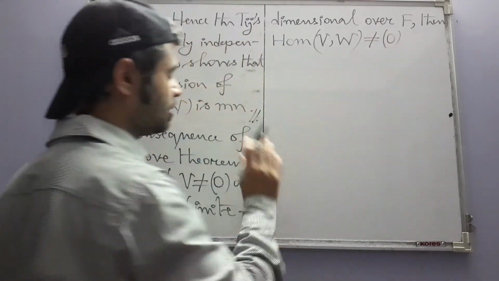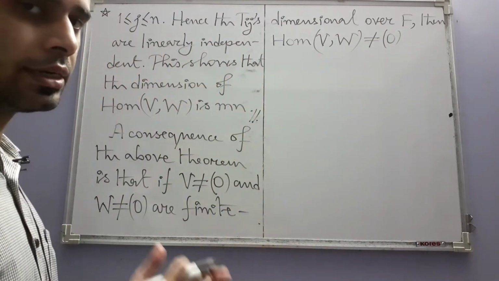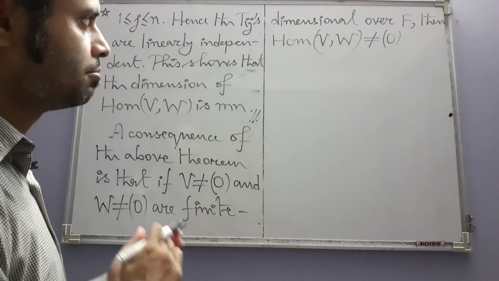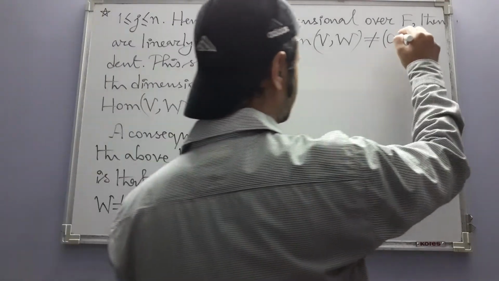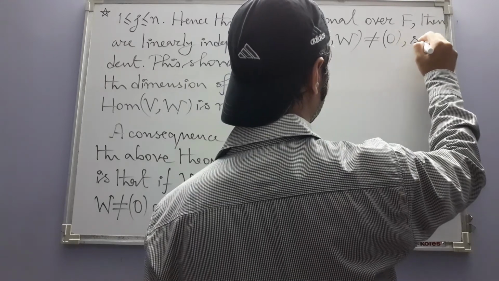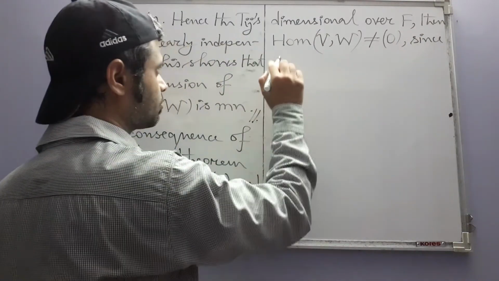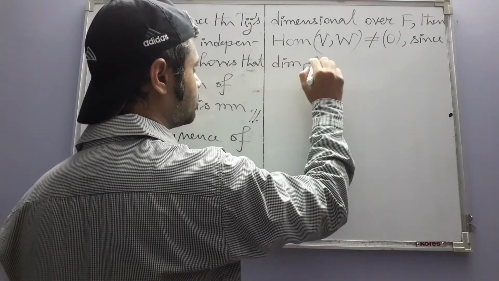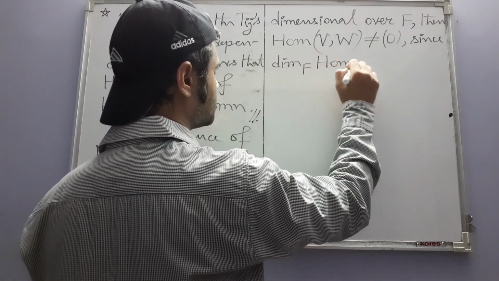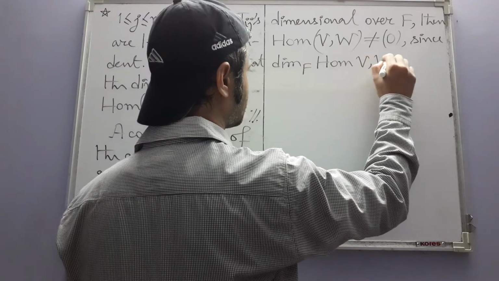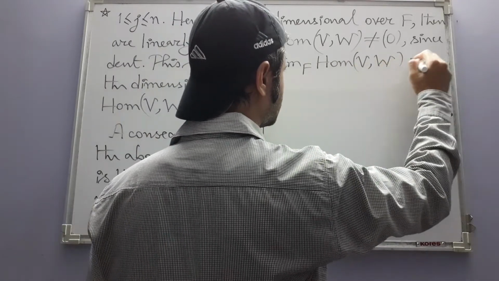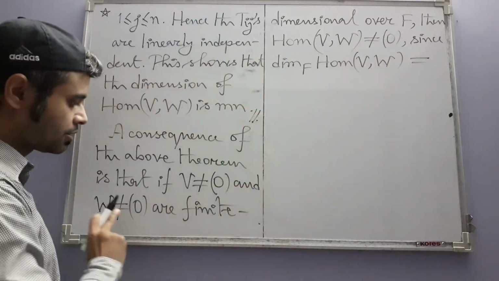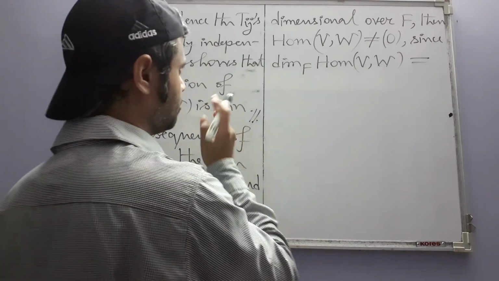That means there is at least one non-trivial linear transformation or homomorphism from V into W, since the dimension of this space is equal to the product of the dimensions of these spaces, which is what we proved here.